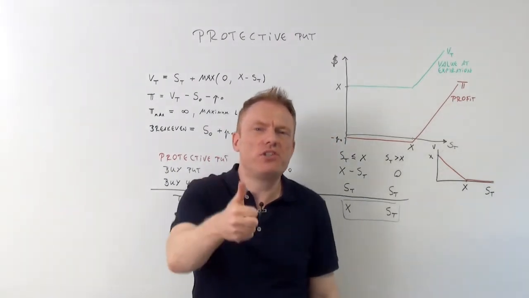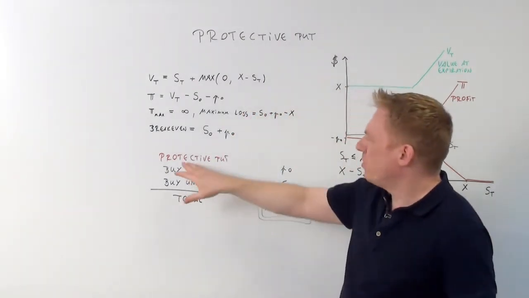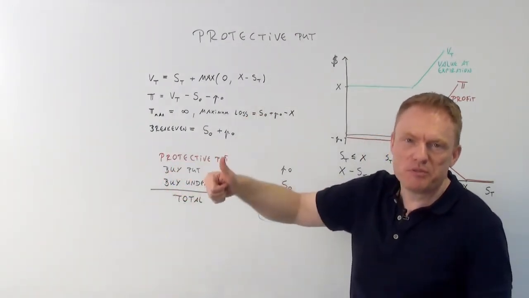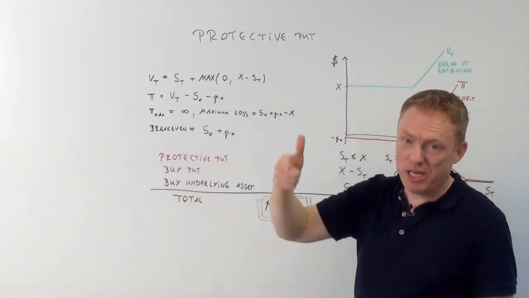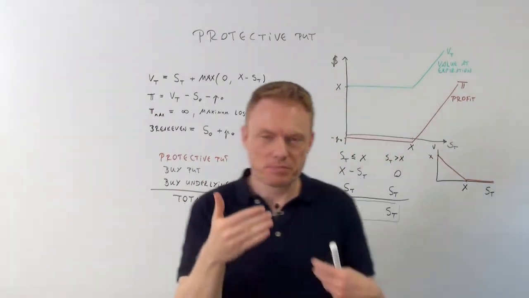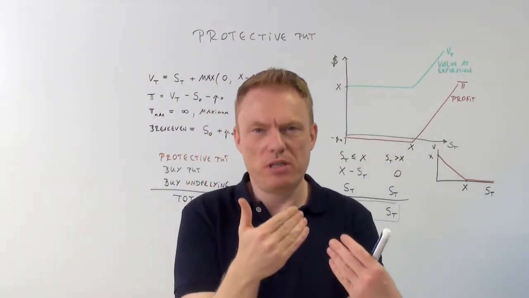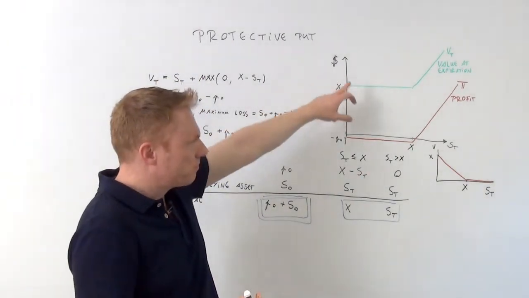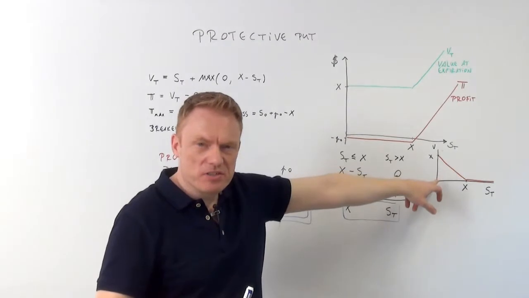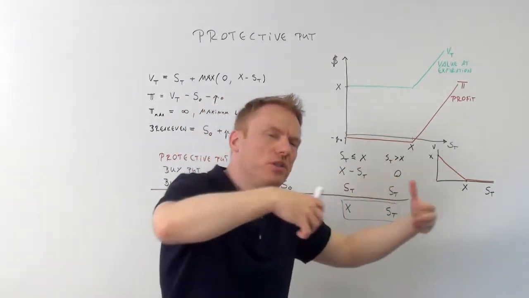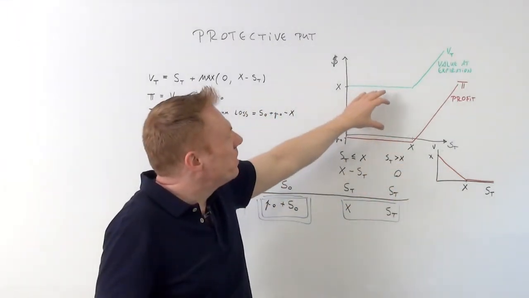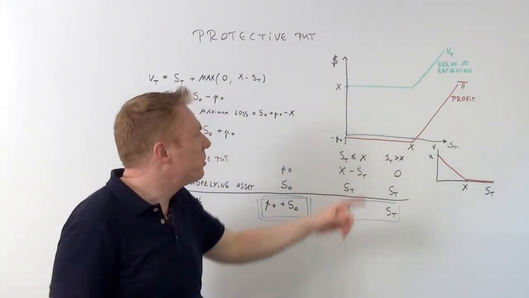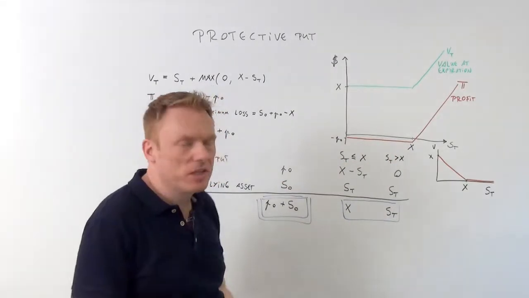With regard to the protective put, you have to differentiate between buying a put first and second, buying the underlying asset. You have to see the mixture of them. From this mixture, you have to see in which case we exercise the put and in which case we don't. So this will lead us to the green line, to the value at expiration of the protective put and the profit of the protective put.